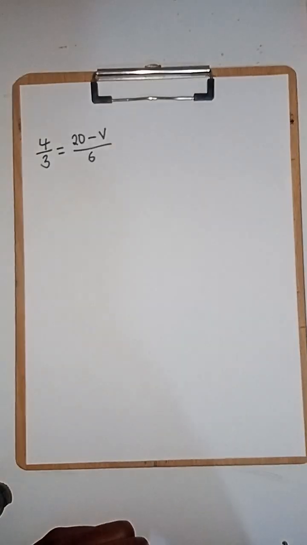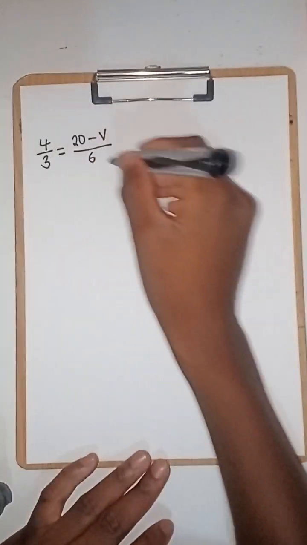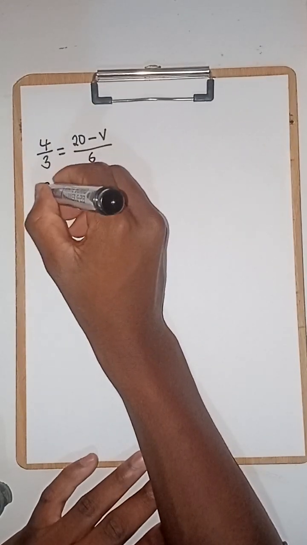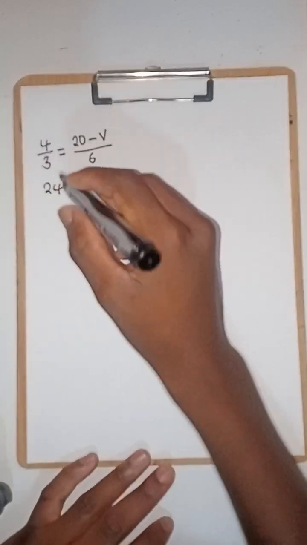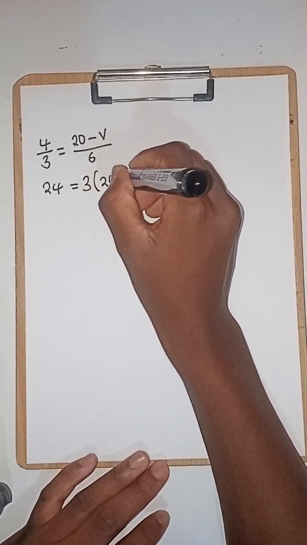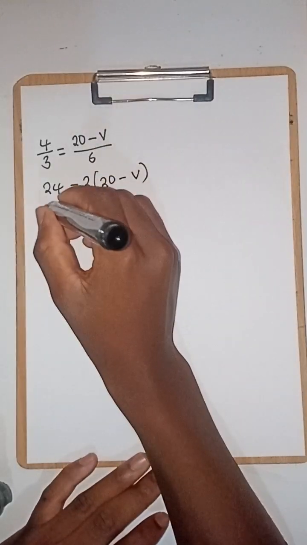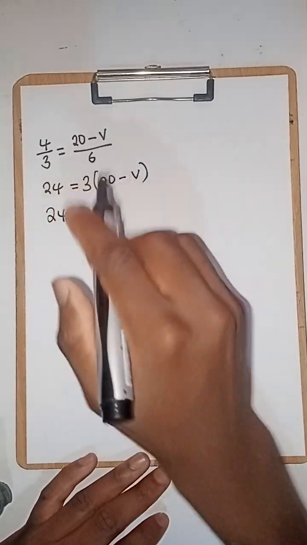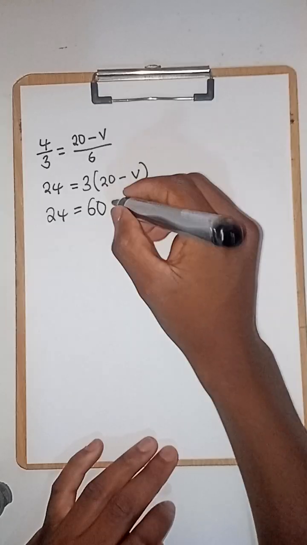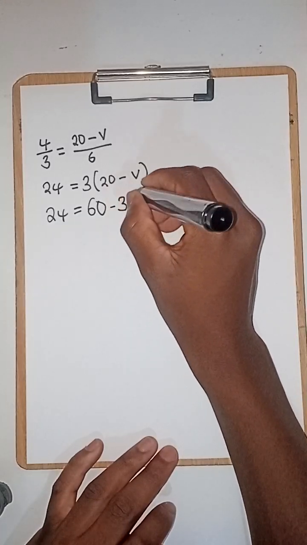We're going to cross multiply here. We're going to have 6 times 4, which will give us 24, equals to, now the 3 here will multiply everything like that. So we're going to have 24 equals to 3 times 20 will give us 60. 3 times negative v will give us negative 3v.